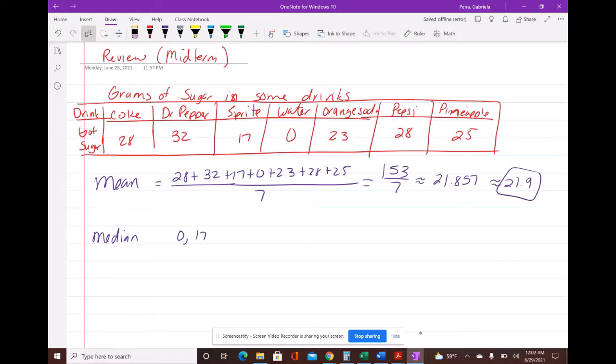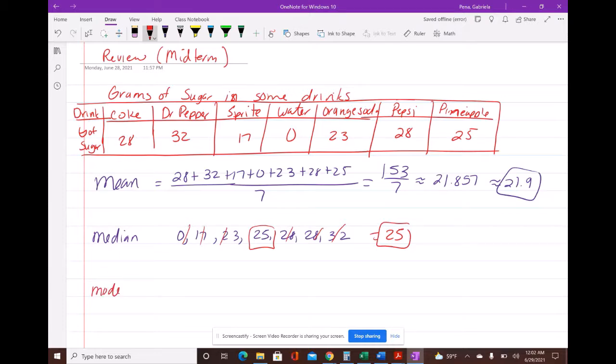0, 17, 23, 25, 28, 28, and 32. 1, 2, 3, 4, 5, 6, 7, just making sure. So if I look at this, I am looking for the middle number, which is 25.